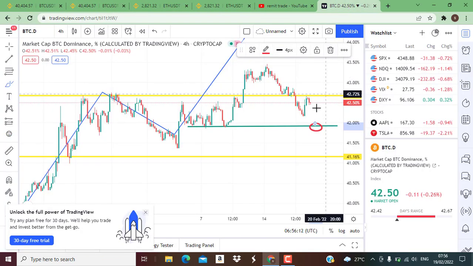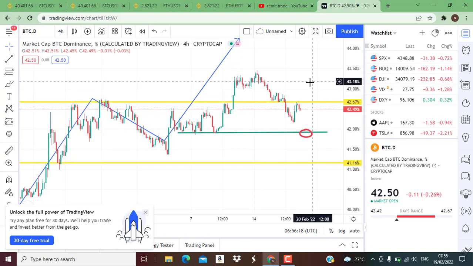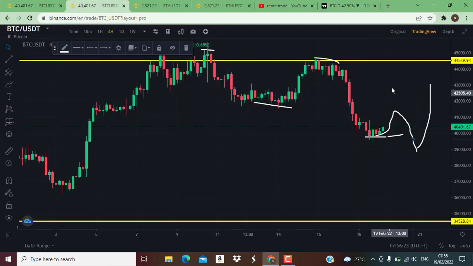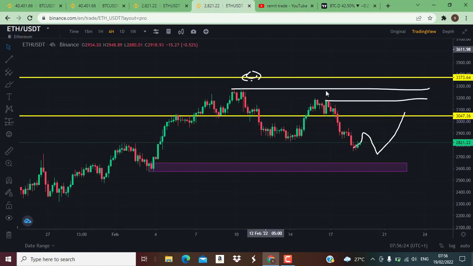But if we continue a massive move to the upside from this area, then that also will give hope to all traders out there that the market will quickly recover on BTC USDT to the upside, and also on ETH USDT here to the upside as well.